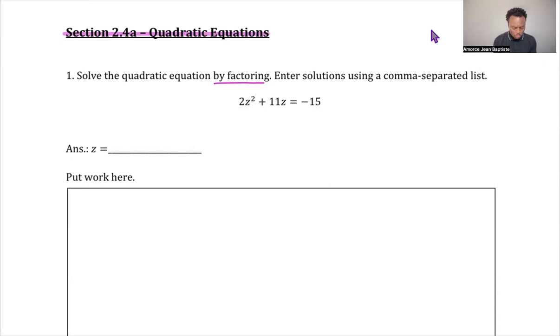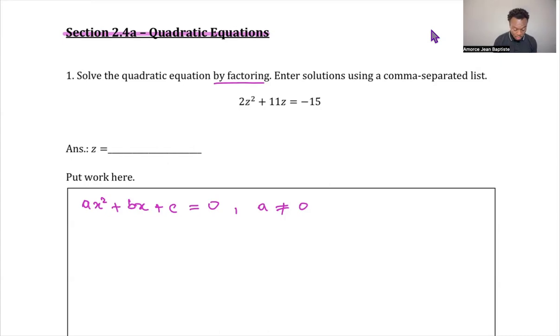Standard form is ax squared plus bx plus c equals 0, where a, b, c are real numbers and a is not 0, because if a is 0, you will end up with a linear equation with the highest exponent being 1.